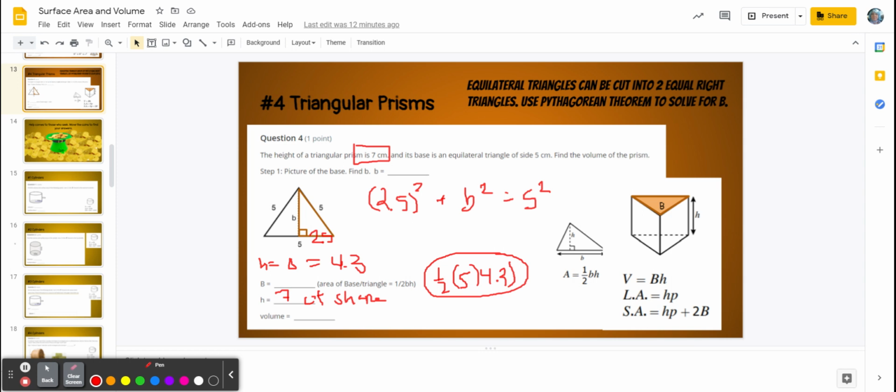PE last quarter, the most fun we did out there was walking the track. We couldn't do anything, it's like kickball.